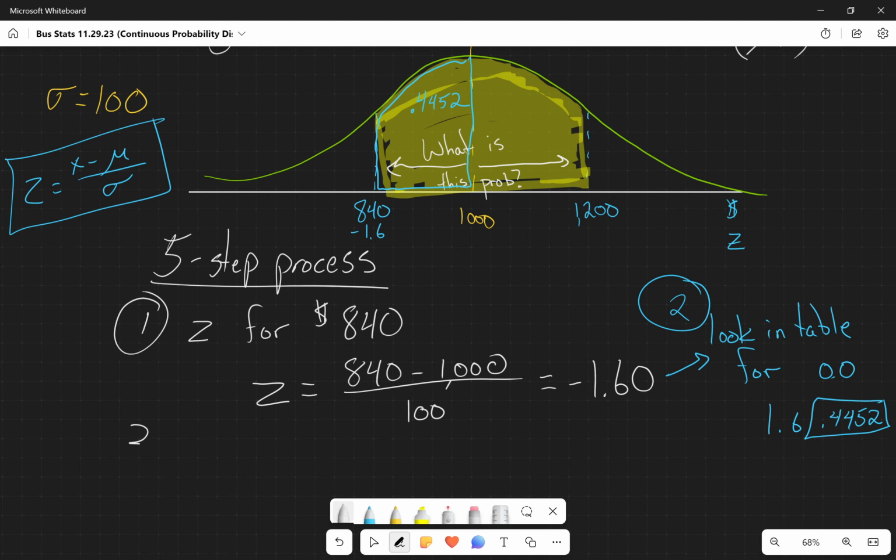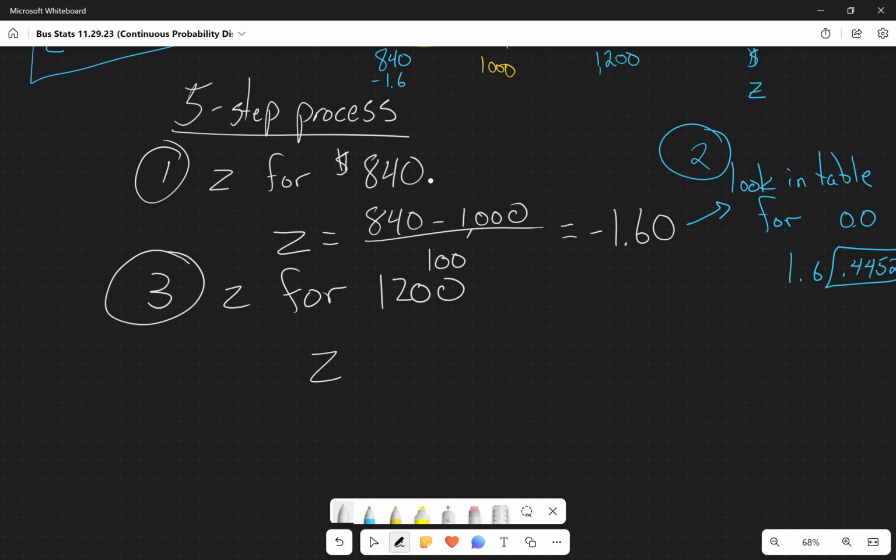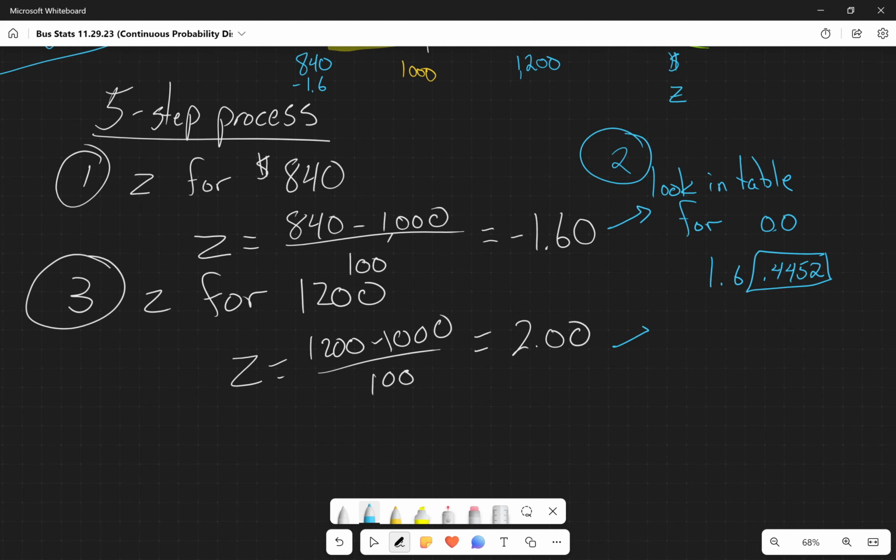Then our third step is we're going to do the z statistic for the 1,200 number. So z is equal to 1200 minus 1000 divided by 100, which obviously gives us 2.00. Then we look in the z table and find that the 2.00 entry gives us a value of 0.4772.